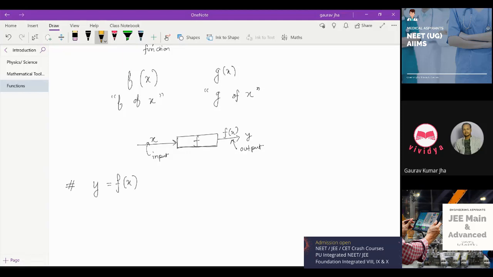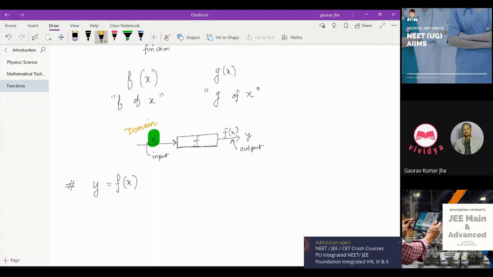All the values of x that you are putting in as input are called, and I'm using another term, another term in your vocabulary I'm going to add. First we added dependent variable and independent variable, and now we are adding something called this. All the possible values of x are called the domain of the function. Think of the domain as something which contains all the possible values of x. It's a package which has all possible values of x.